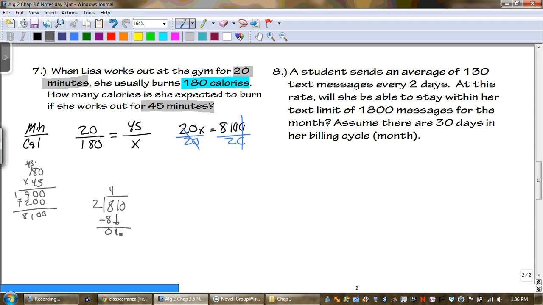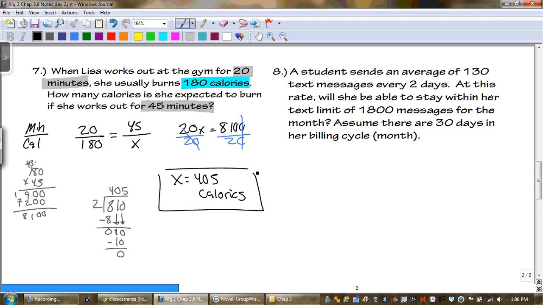Does 2 go into 1? No, it does not. So then we drop down the next number. Does 2 go into 10? It does, 5 times. And now we're done. So x equals 405, and that would be 405 calories.